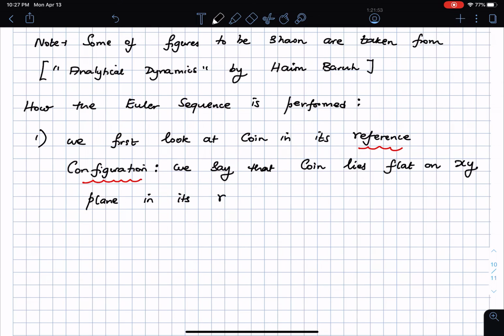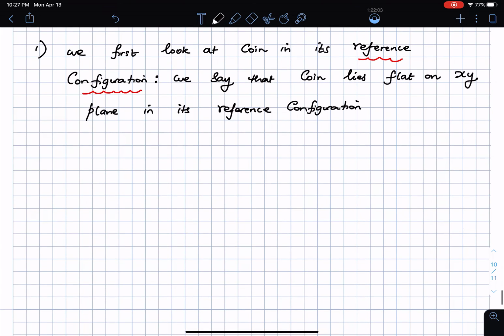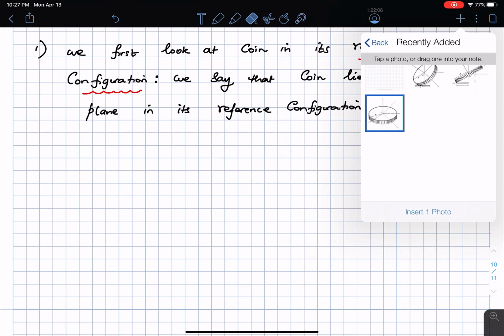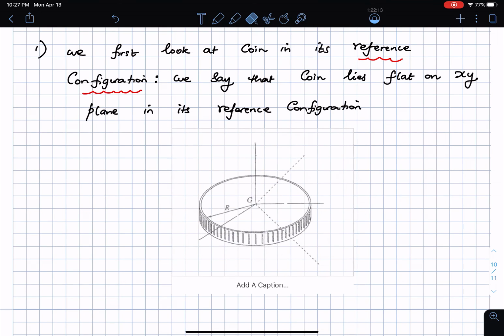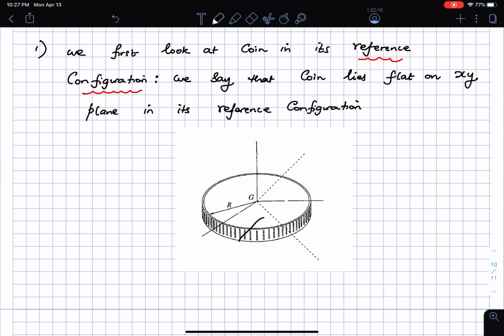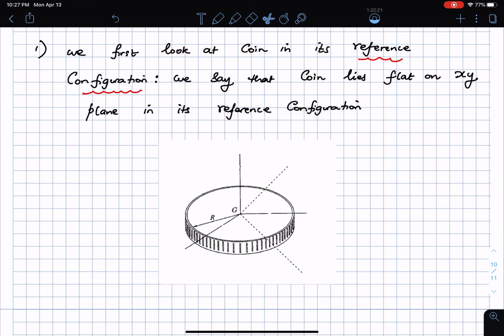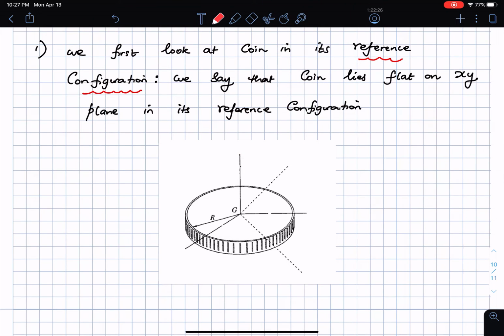So here is the reference configuration of the coin. I have a nice figure taken from that book, of course. I have to reduce the size of this so as to make it fit the situation here.